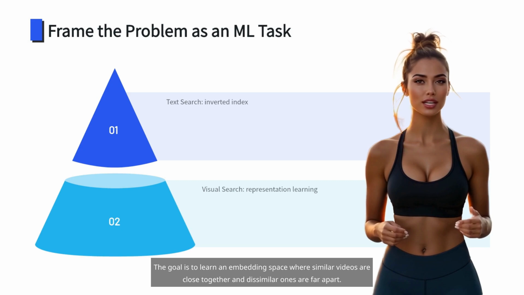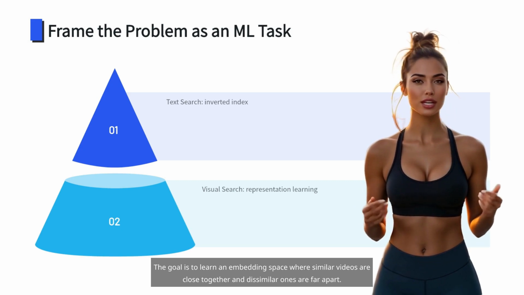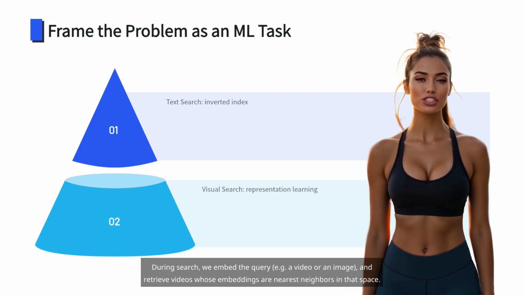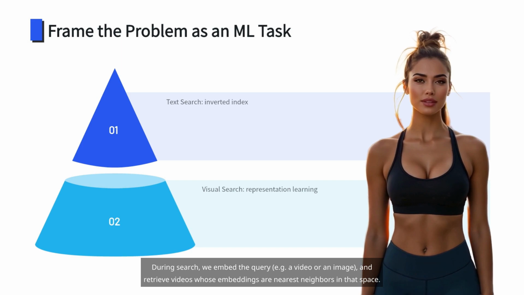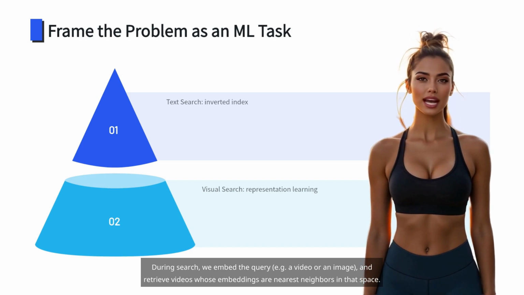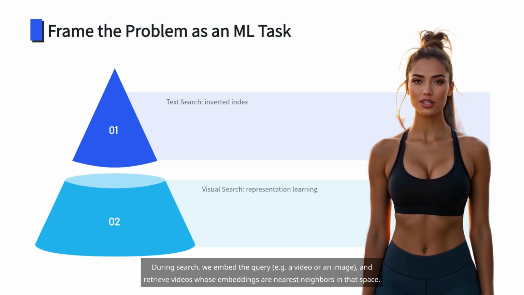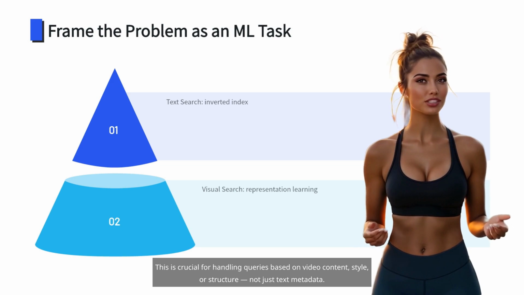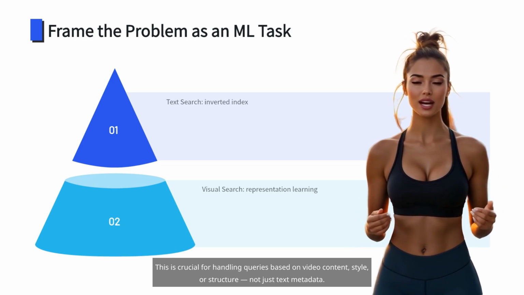The goal is to learn an embedding space where similar videos are close together and dissimilar ones are far apart. During search, we embed the query, e.g. a video or an image, and retrieve videos whose embeddings are nearest neighbors in that space. This is crucial for handling queries based on video content, style, or structure, not just text metadata.